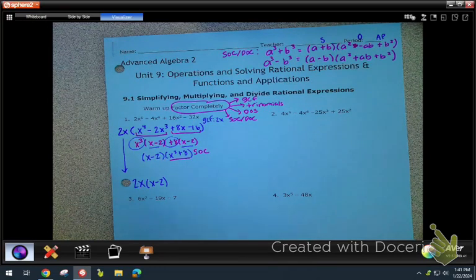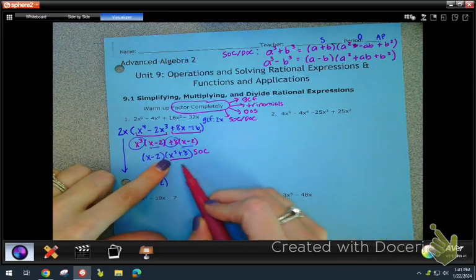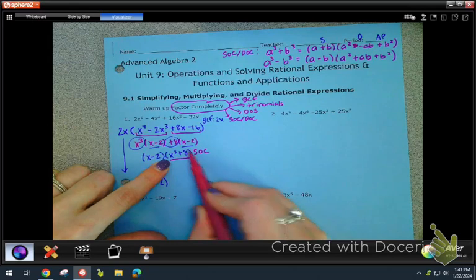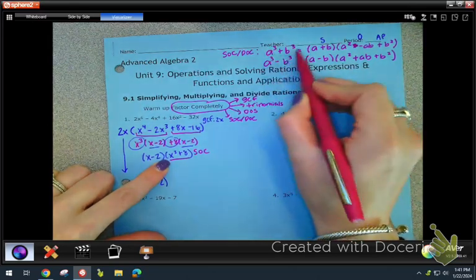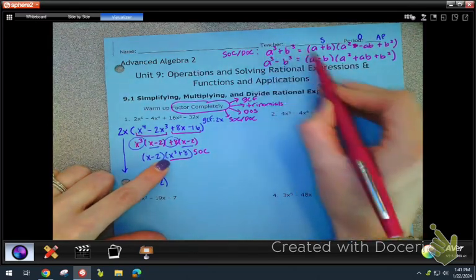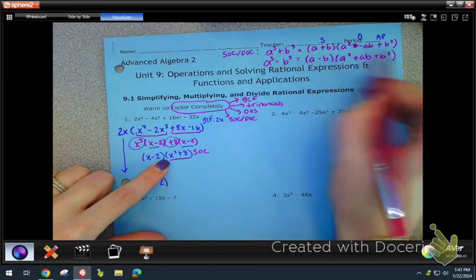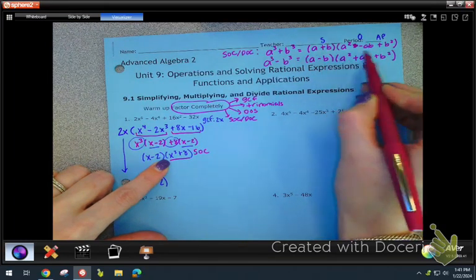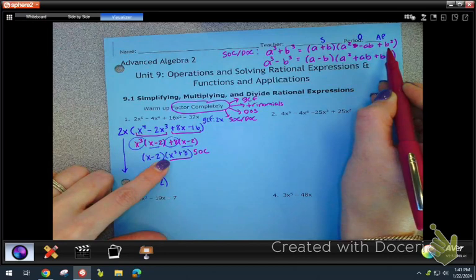B is the perfect cube root of the second thing. I'll label them to the side right here. So if I'm factoring x to the third plus 8, my answer is going to look like this. It's going to be a binomial and a trinomial that doesn't factor. Do not try. It's not going to if you're using this pattern.